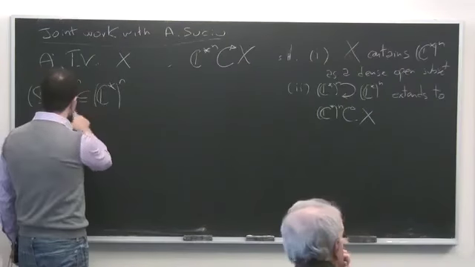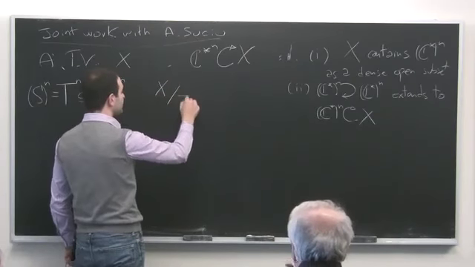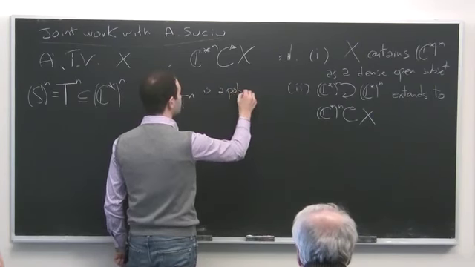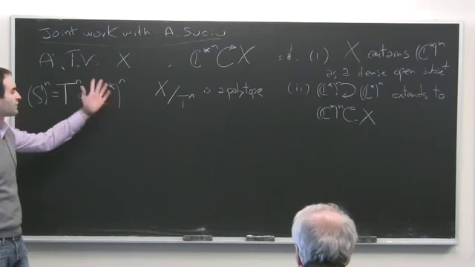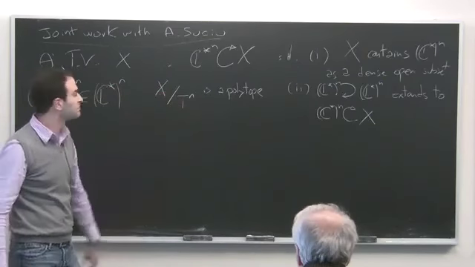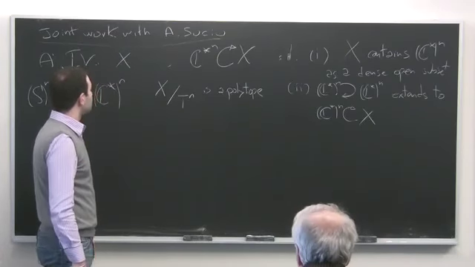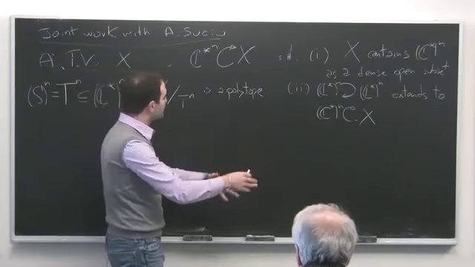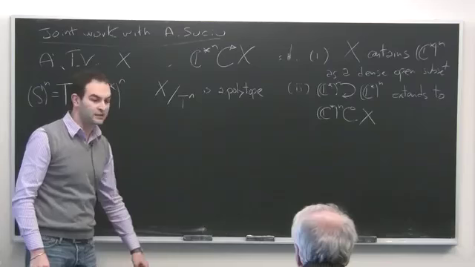And if you restrict the action to this compact torus, then the orbit space is a polytope. Well, not always, but if X is smooth and projective, then this is true. One of the main themes of the theory of toric varieties is this interplay between the combinatorics of the polytope and the algebra and the geometry of your toric variety.